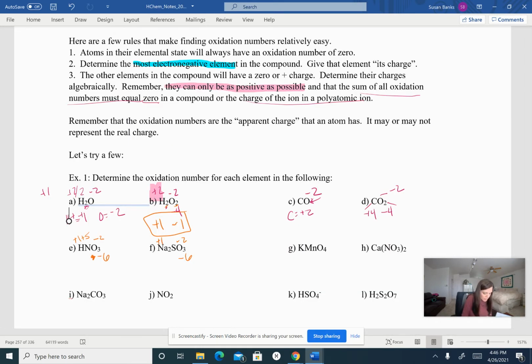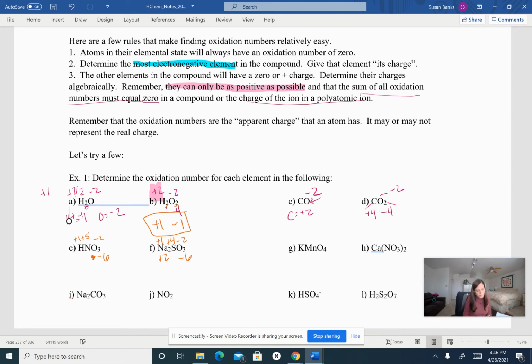But we've got 2 of them, so that's going to give me a +2 altogether. So +2 plus -6 gives me a -4. So what plus -4 equals 0? The sulfur has to be a +4. Okay? All right, I want you guys to do this by yourself.